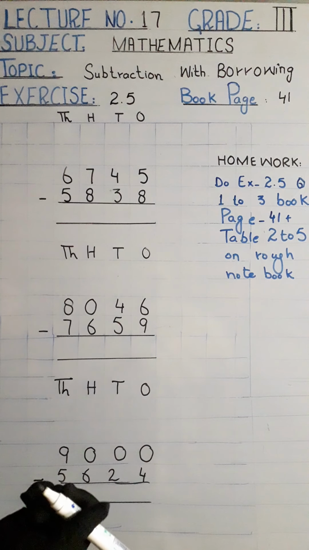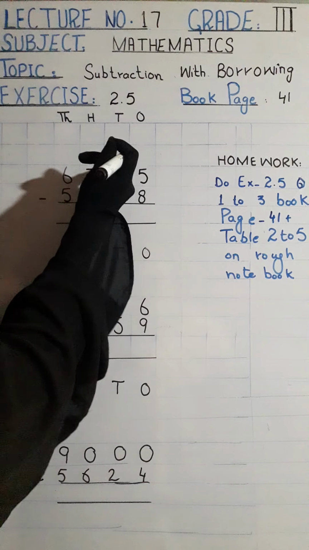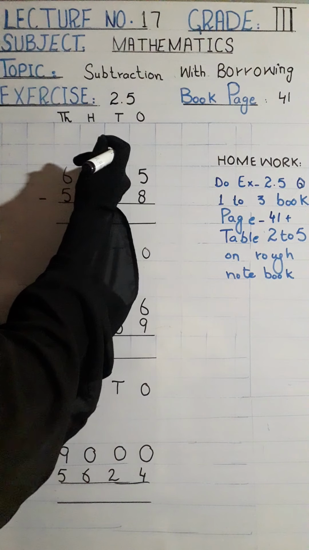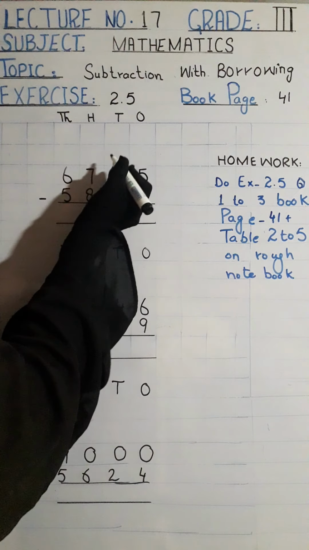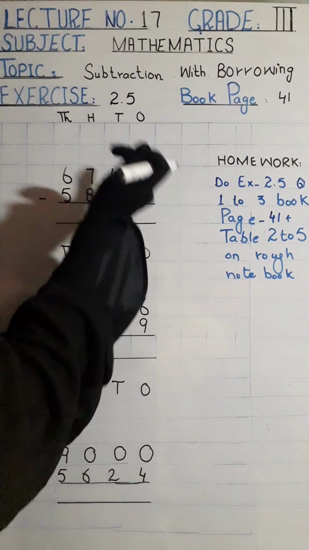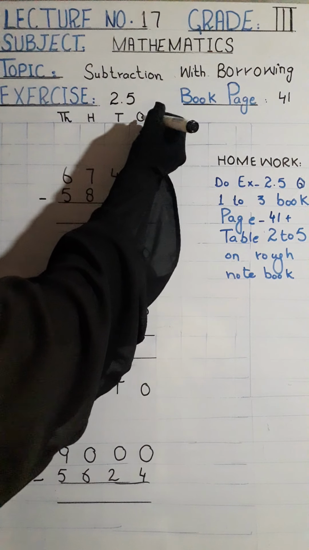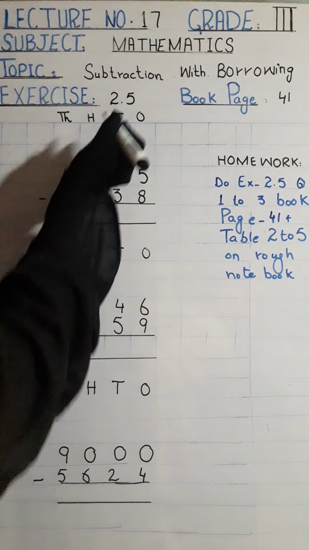What can we do, students? Yes, we borrow 1 ten from the next door. Next door means the next place value of the digit. The next place value after ones is tens.